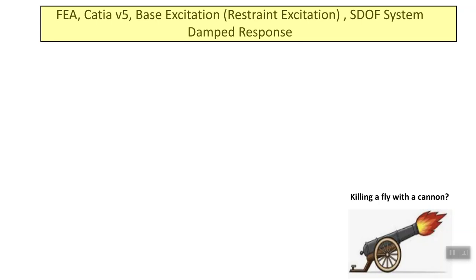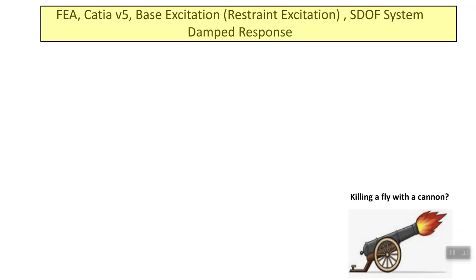The significant difference between this video and the previous ones that I had created is that those involved the time varying force. That's why in Catia, when we modeled this, we called it a load excitation.